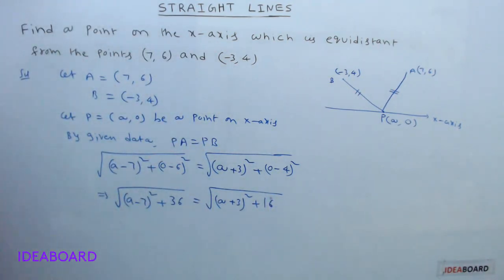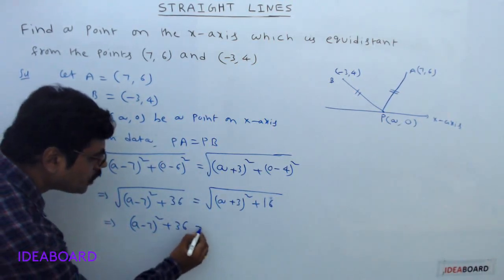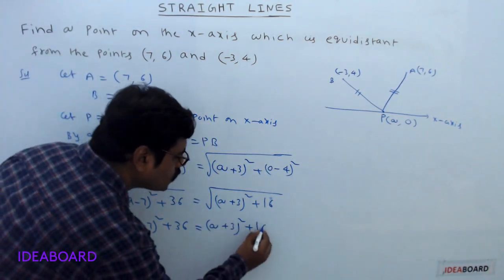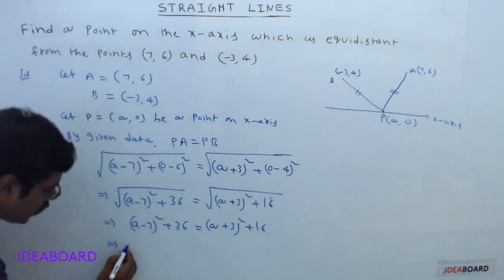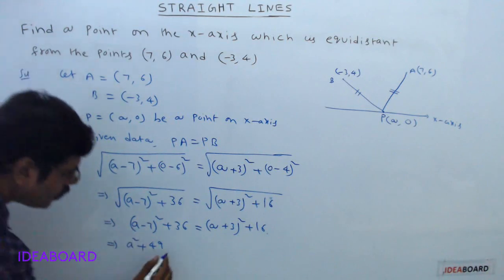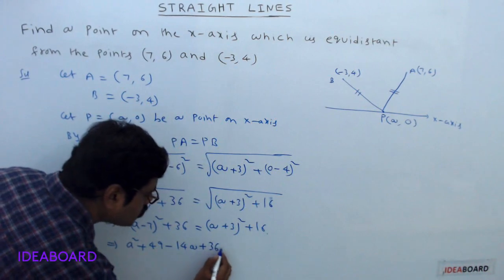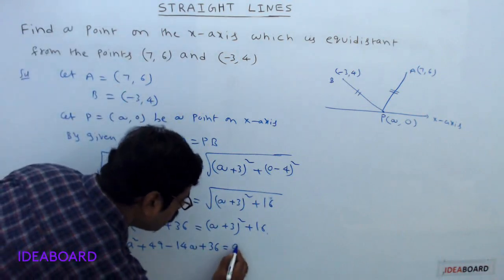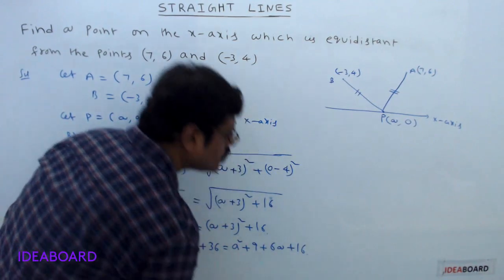Now squaring on both sides, it will be a minus 7 whole square plus 36 equals a plus 3 whole square plus 16. Now expand this term. A minus 7 whole square is a square plus 49 minus 2 into a into 7, that is minus 14a, plus 36 equals, it is in the form of a plus b whole square. Expand this term, it is a square plus 9 plus 6a plus 16.